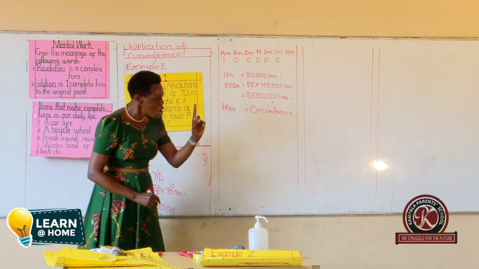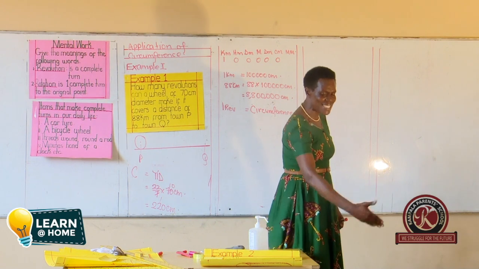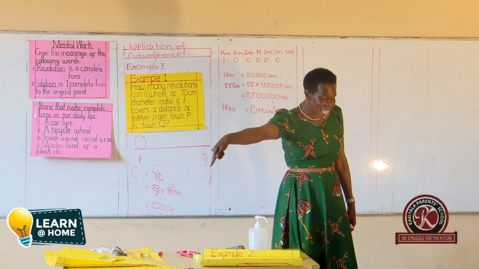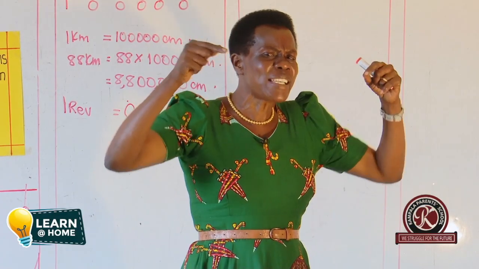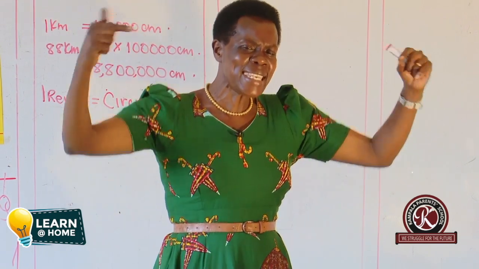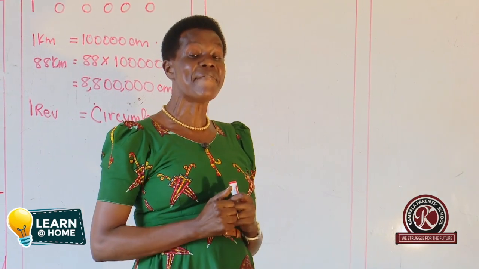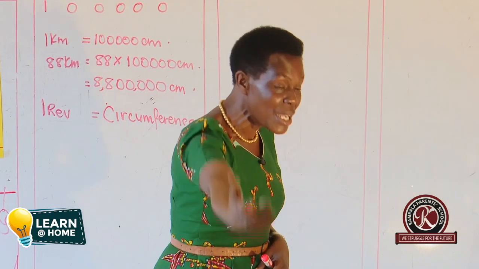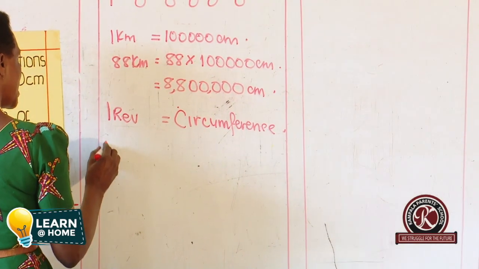So if this thing was to make many turns and I know the distance it was going, I will be able to get first of all the circumference. After getting the circumference, I get the distance. Then I divide the distance by the circumference to get the number of what? Revolutions.